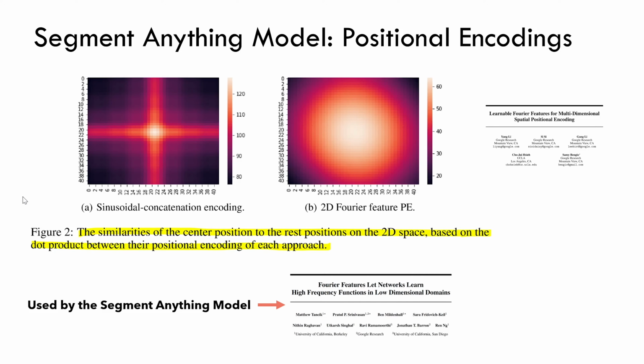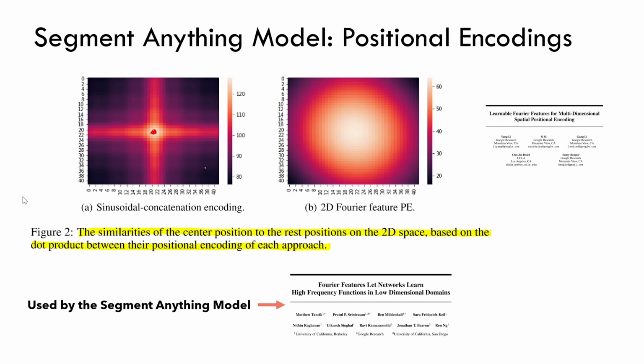Yes, we could do this, but the problem is, suppose we convert the center position of the image into two vectors, one encoded using the x coordinate and one encoded using the y coordinate.